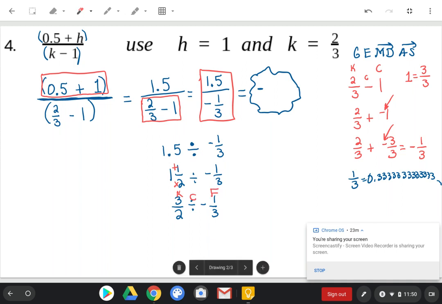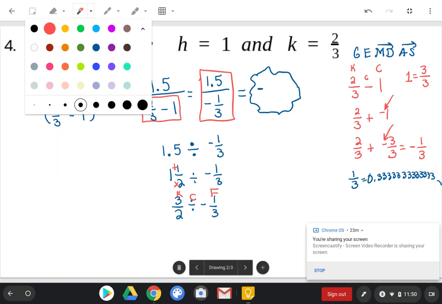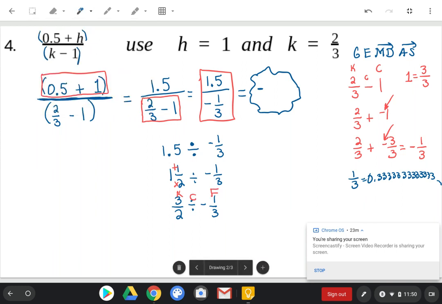Okay, but the correct math way to say it is multiply by the reciprocal. So I am leaving that 3/2 as it is. I'm going to change division to multiplication, and I'm going to flip that 1/3 to be 3/1. So the reciprocal of -1/3 is -3/1.